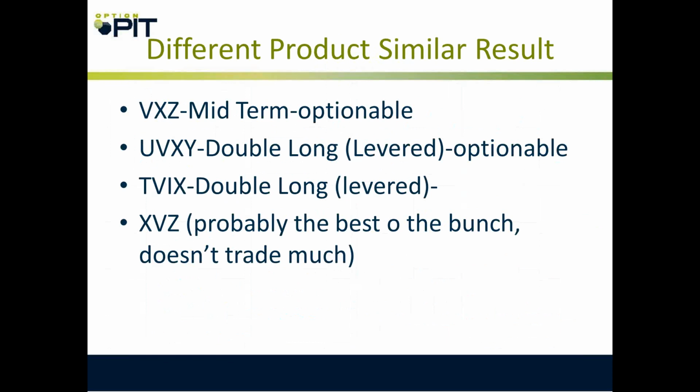VXZ is midterm. UVXY is double, and it's levered. TVX is double levered. XVZ is probably the best of the bunch, but it doesn't trade. And even that one's down.